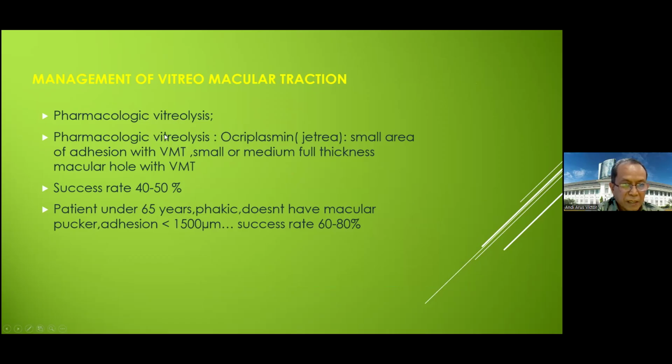With pharmacologic vitreolysis, the ocriplasmin success rate is around 40 to 50%, and in patients under 65 years, phakic, without macular pucker, and with adhesion less than 1,500 micrometers, the success rate is around 60 to 80%.